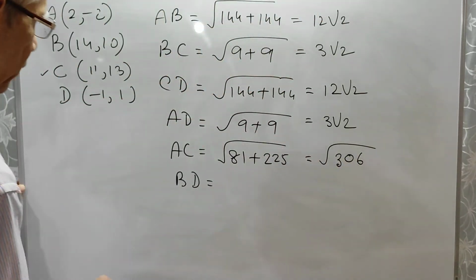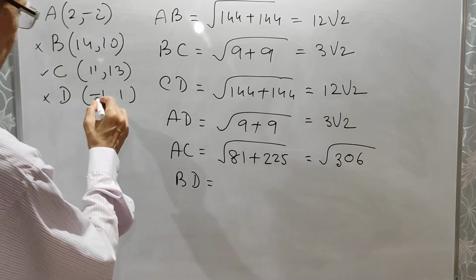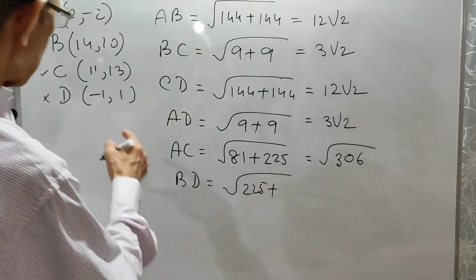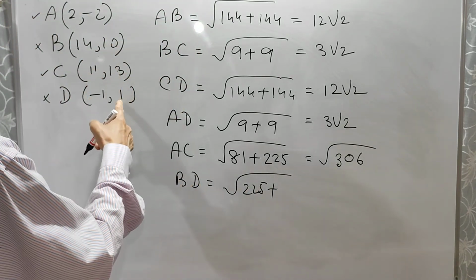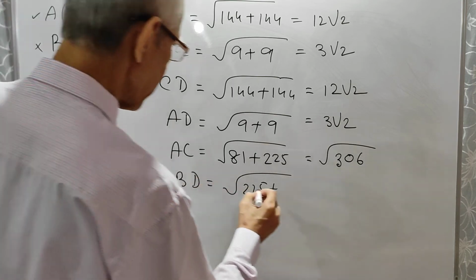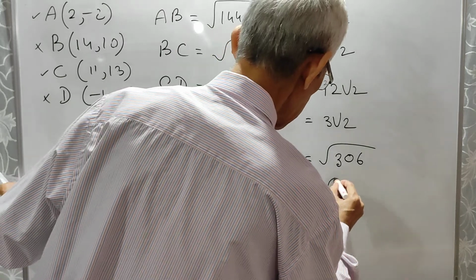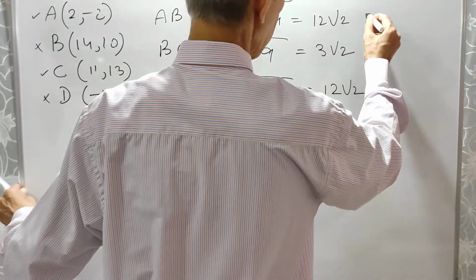Root 306. Then BD. 14 minus minus 1, 15. 15 square is 225 plus 10 minus 1, 9. 9 square, 81. So like this one you see, we got root 306.